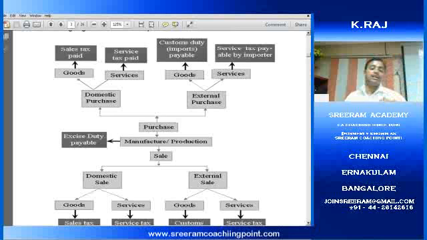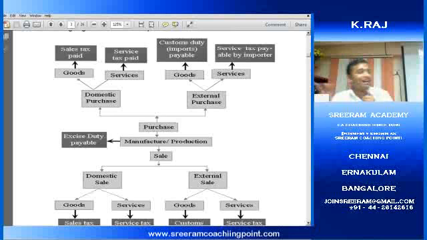So in indirect tax, this is a feature. The tax will be levied on one person. He will pay the tax, but the incidence he will transfer to some other person. But in case of direct tax, the tax will be levied on that person and he has to bear the liability. Whereas in case of indirect tax, he will pay, but then he will collect it from the next person, and the next person will again collect it from the next person.